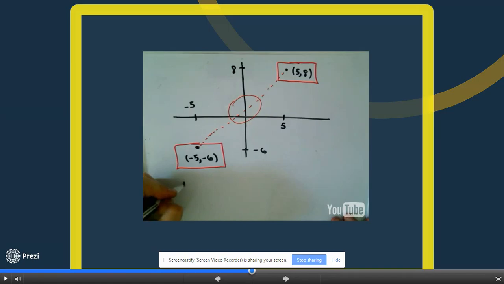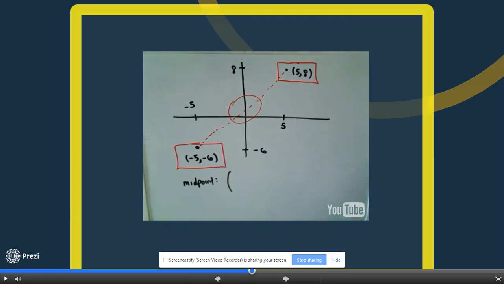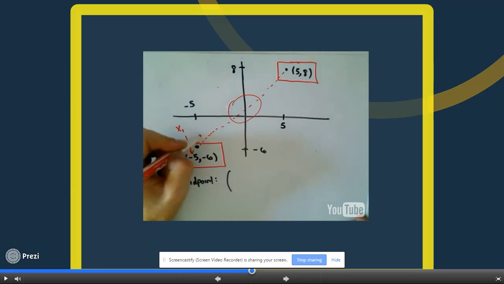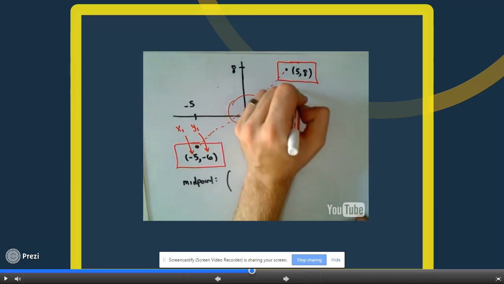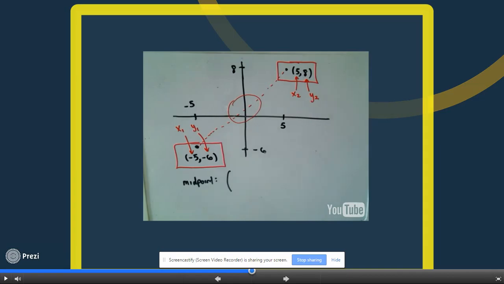To find the midpoint, piece of cake, all we have to do is add the x-coordinates. So maybe we can label them as well. This will be x sub 1, this will be y sub 1. Again, these are generic labels. It doesn't matter which one you call x1, y1, and which one you call x2, y2.